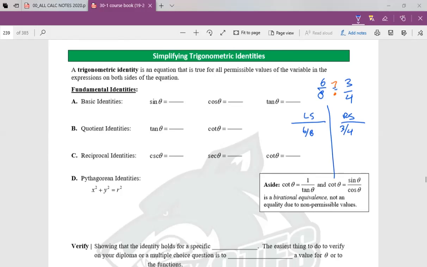Well, in this case, just baby steps, if we have 6 over 8, that's really the same as 3 times 2 over 4 times 2. And then that is really just the same as 3/4 times 2 over 2, which if we want to baby step this all the way is equal to 3/4 times 1, which is just equal to 3/4. And so this is now equal to the RS, the right side.